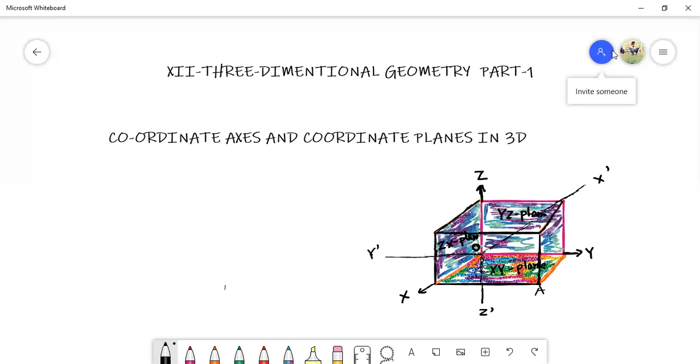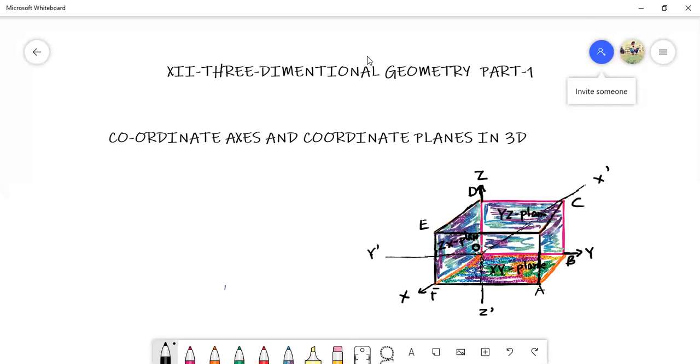And the coordinates of a point: suppose this is A, B, C, D, E, F. So what will be the coordinates?